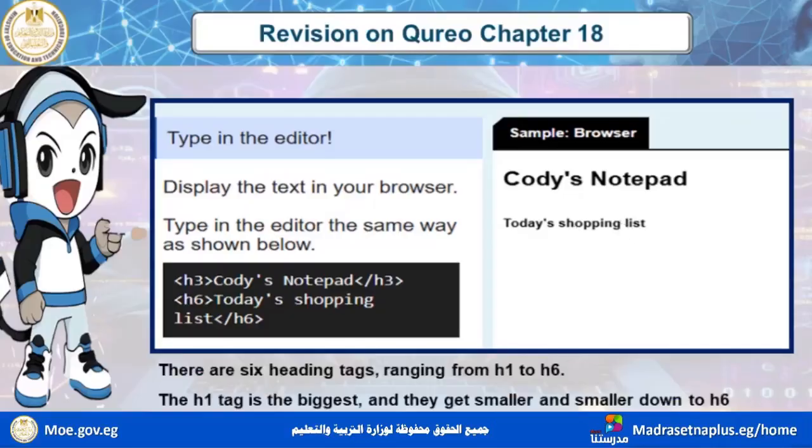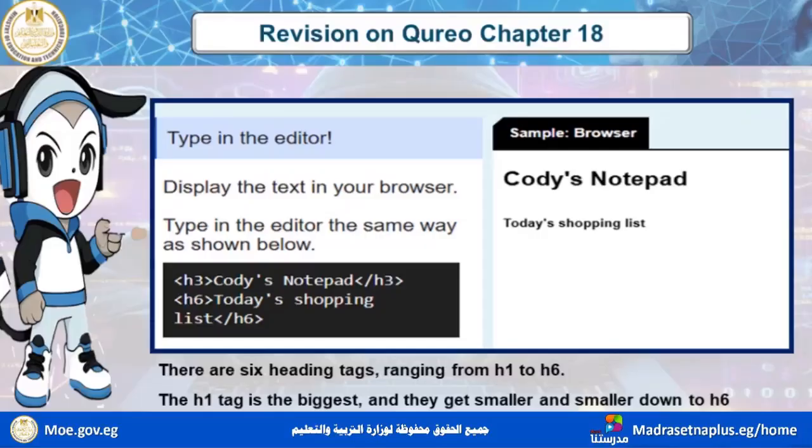So there are 6 heading tags ranging from h1 to h6. The h1 tag is the biggest, and they get smaller and smaller down to h6. So h6 refers to the smallest font you can write and display in the browser.